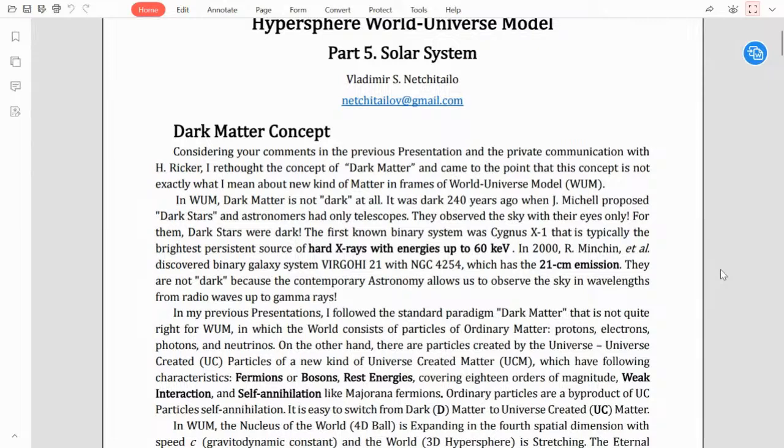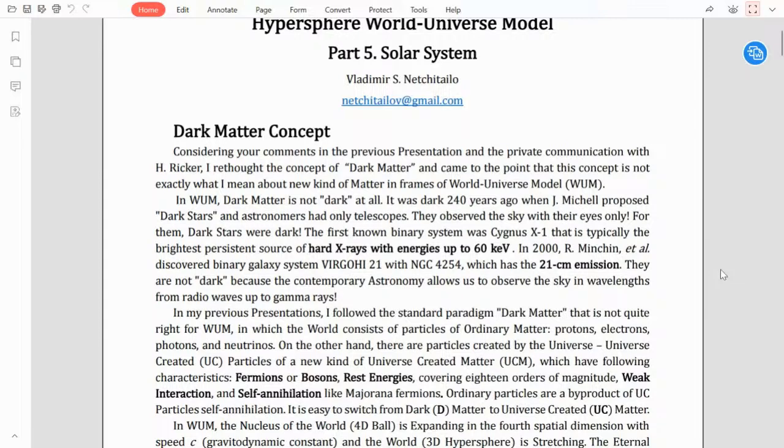In 2000, Minchin et al. discovered the binary galaxy system Virgo HI21 with NGC 4254, which has the 21 centimeter emission. They are not dark because contemporary astronomy allows us to observe the sky in wavelengths from radio waves up to gamma rays.